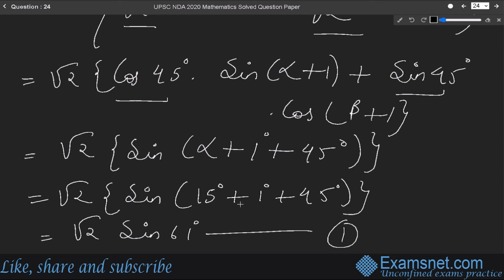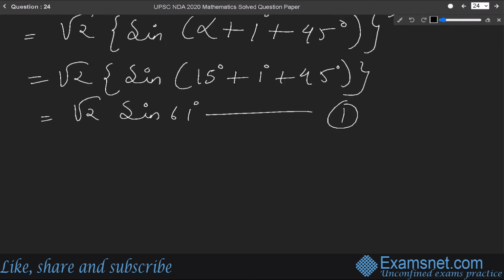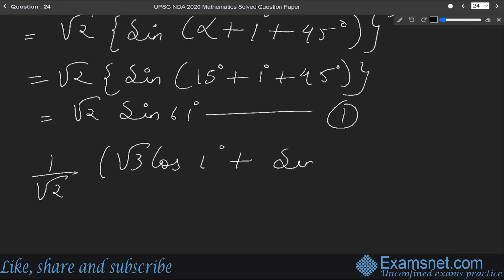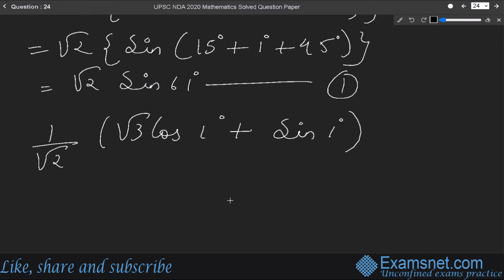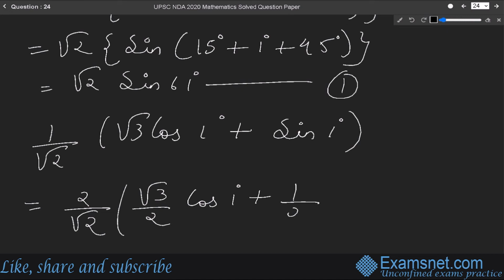Let this be equation number 1, and again looking at the part 1 upon root 2 into root 3 cos 1 plus sine 1, it will be equal to 2 upon root 2 into root 3 by 2 cos 1 plus 1 by 2 sine 1. Here I have multiplied and divided by 2.